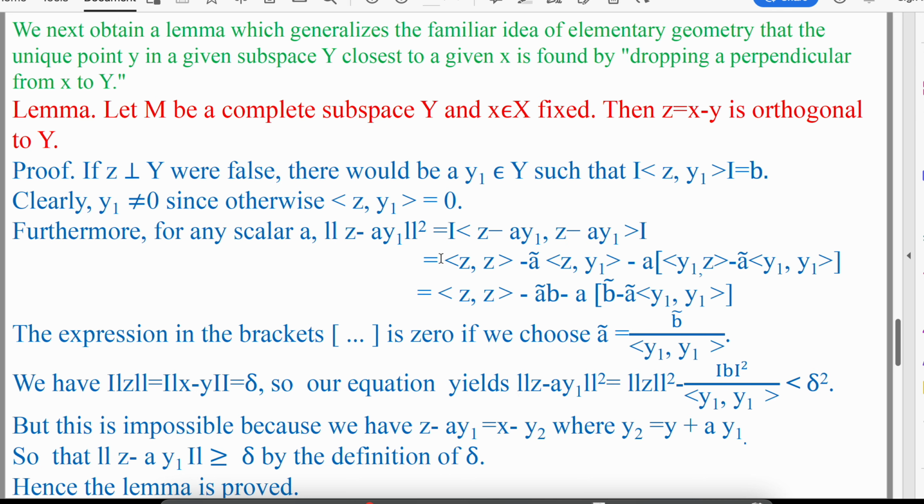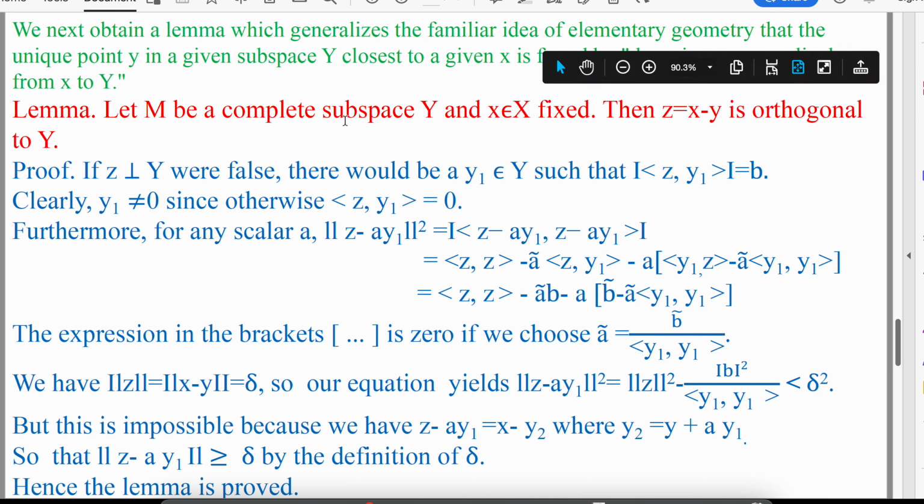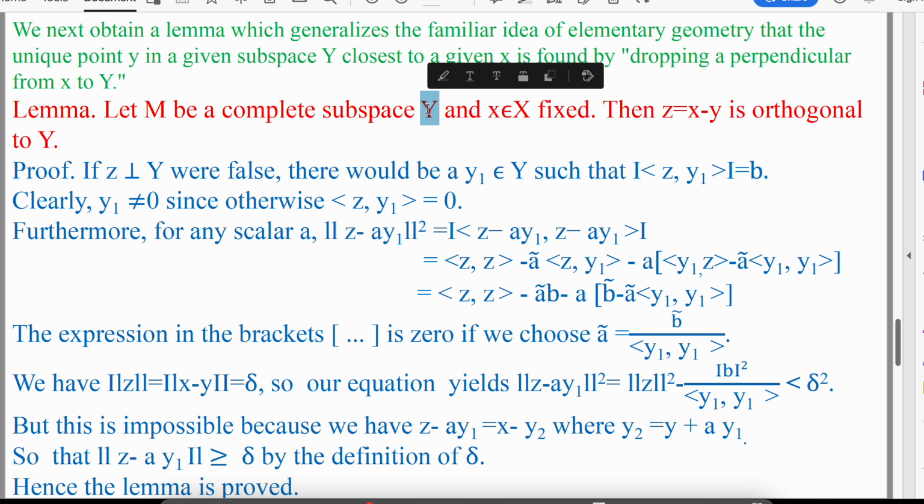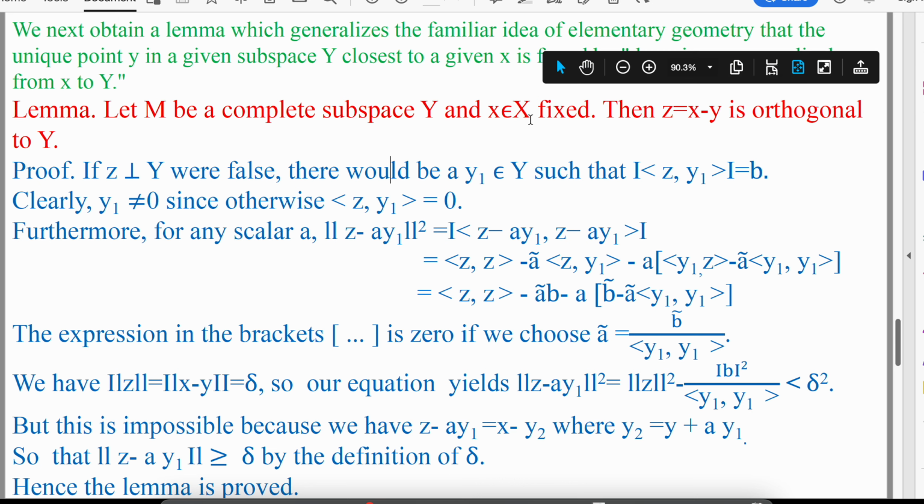Now one more result. Let M be a complete subspace of the Hilbert space X, and x belonging to X is fixed.